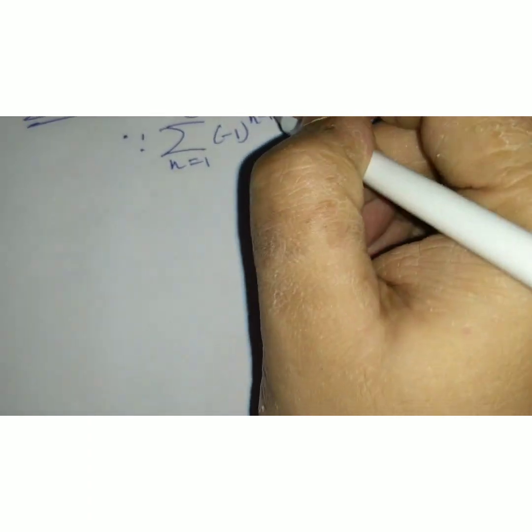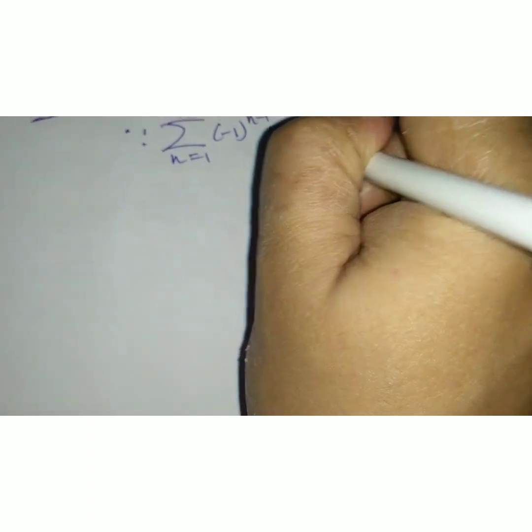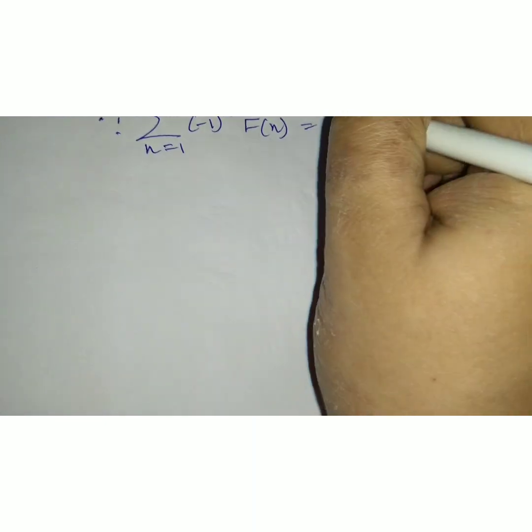Summation n equals 1 to infinity, minus 1 to the power n minus 1 Fn equals the integral from 0 to infinity of f(t) divided by e to the power t plus 1, dt. Here f(t) is the inverse Laplace transform, L inverse of Fn. Remember all formulas.